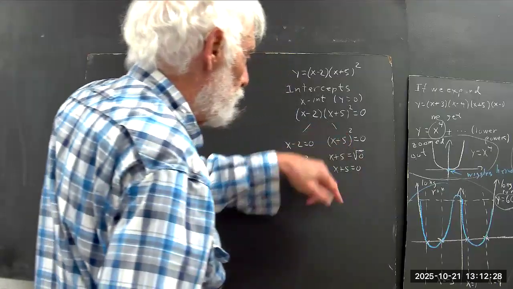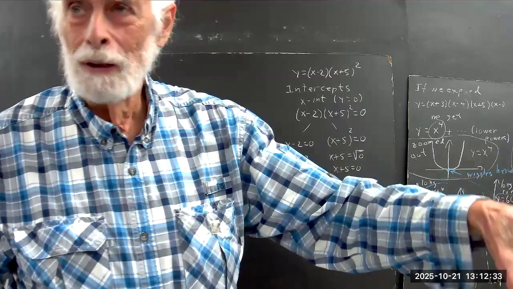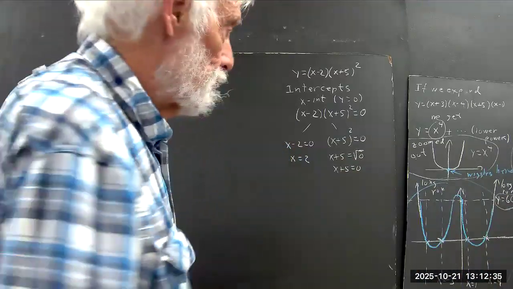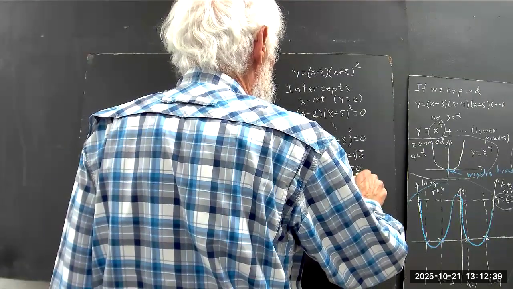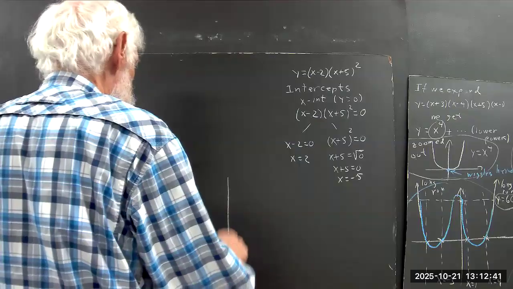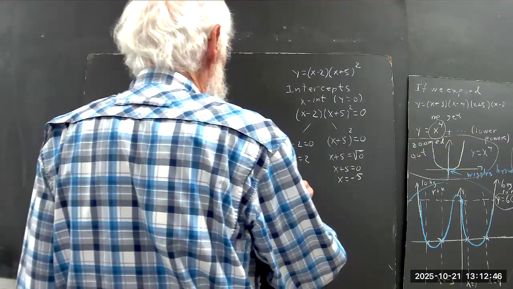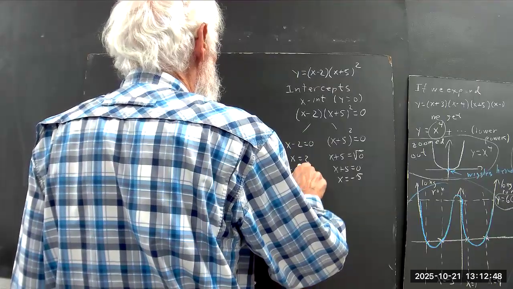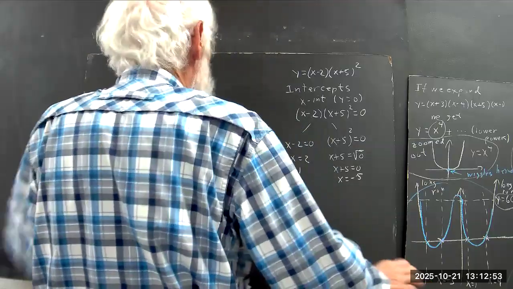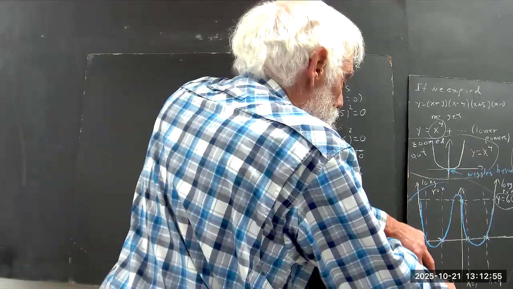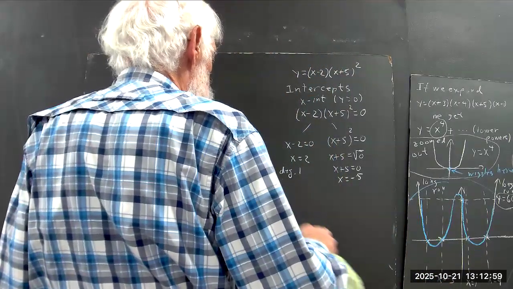Usually you'd want to write plus or minus, but since you're taking the square root of 0, plus 0 and minus 0 are the same thing. So we get x plus 5 equals 0, x equals negative 5. Now this has degree 1 or multiplicity 1. I say degree because the degree of this factor is 1. So we'll just say multiplicity 1.